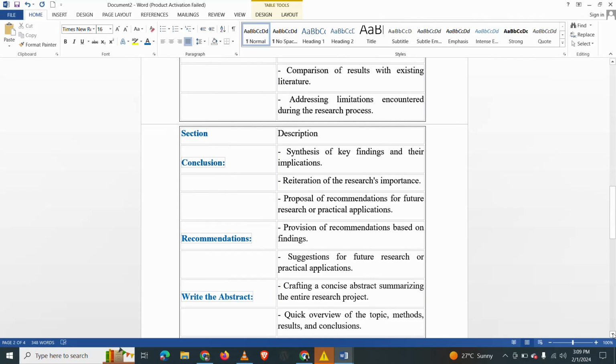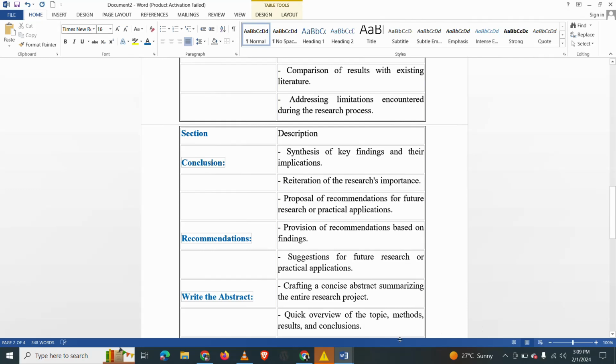So the conclusion synthesizes the key findings and their implications, reiterating the importance of the research. This section may also propose recommendations for future research or practical applications based on the study's outcomes, providing closure to the research narrative.